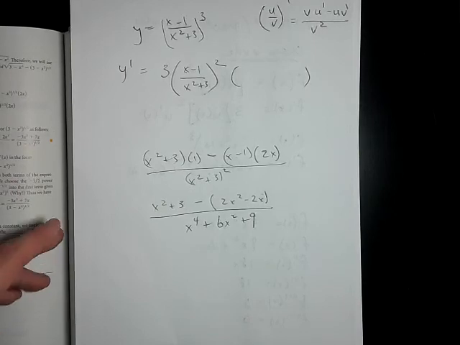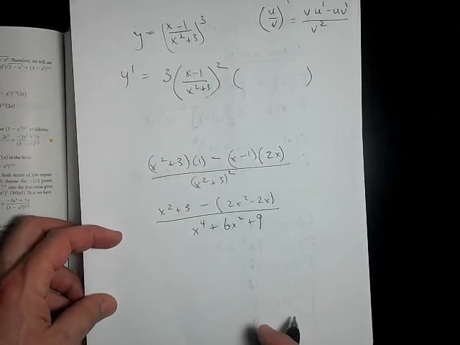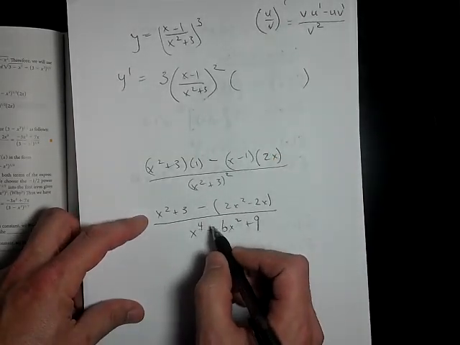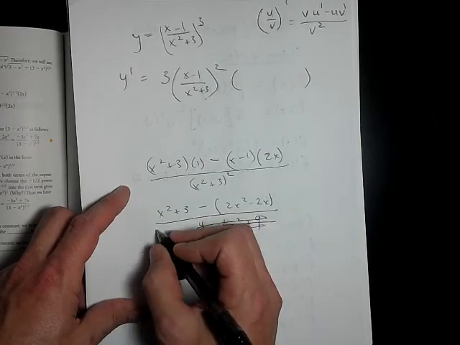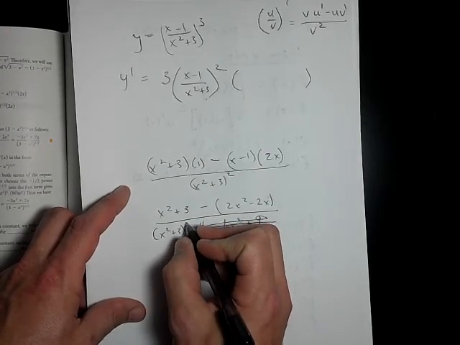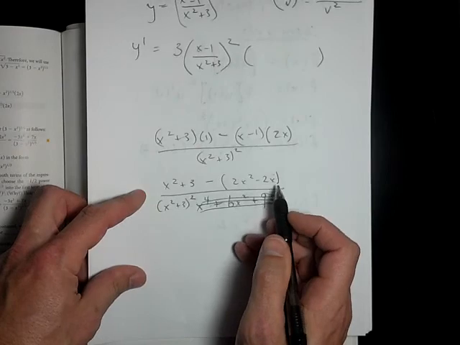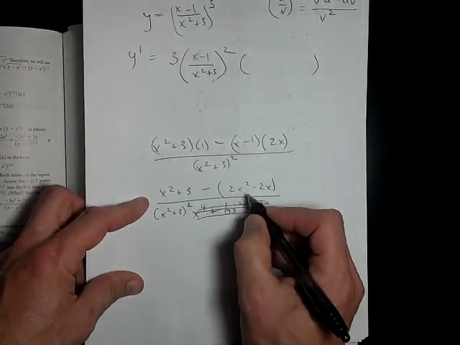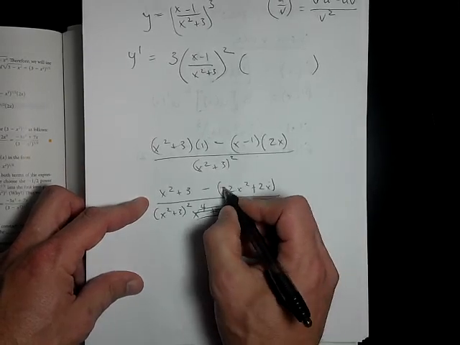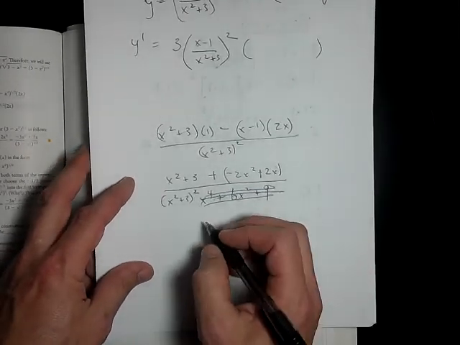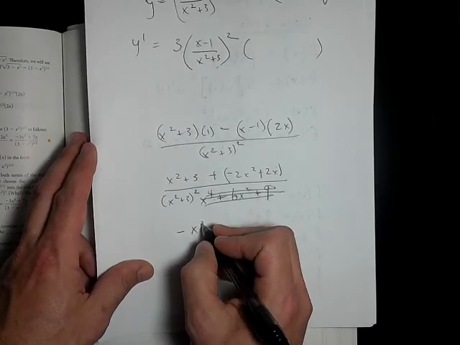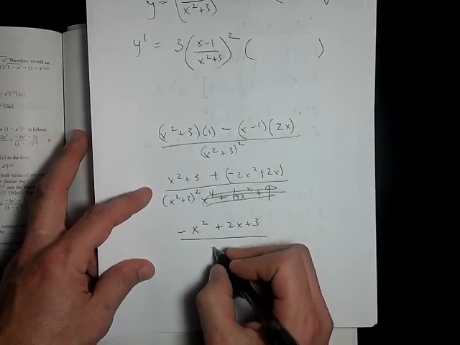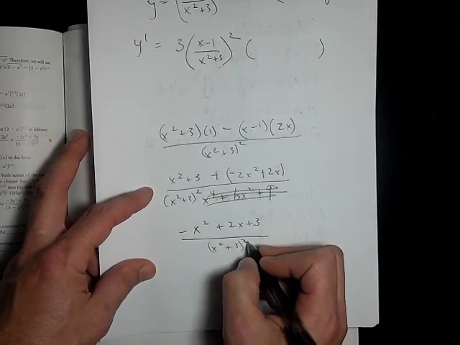Actually, that's correct, but I'm realizing what's going to happen, so I'm actually not going to FOIL that at all. I'm just going to keep it as x squared plus 3 squared. And now I'm going to simplify the top. So this is x squared plus 3 minus 2x squared plus 2x, so the minus gets distributed in there. So this gives me minus x squared plus 2x plus 3 over x squared plus 3 squared.